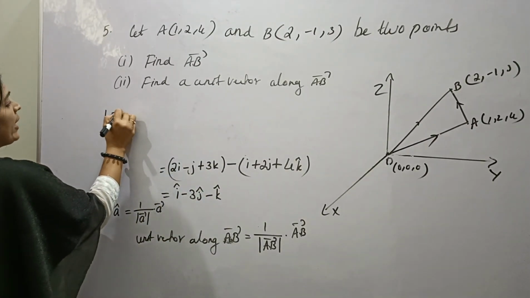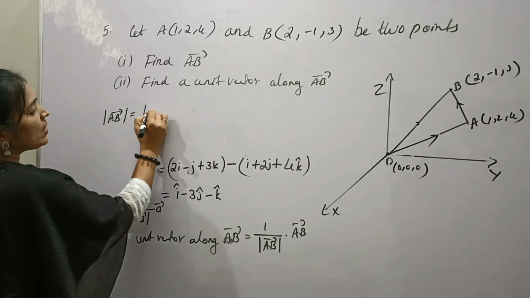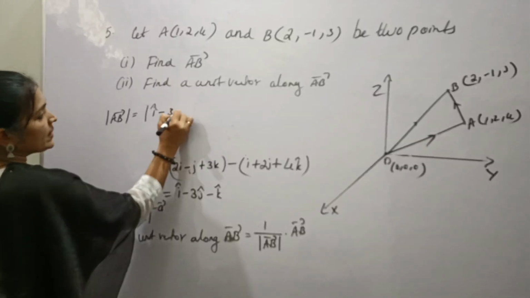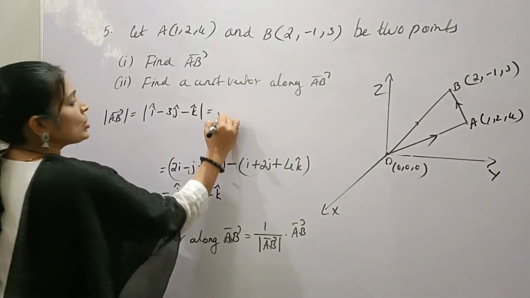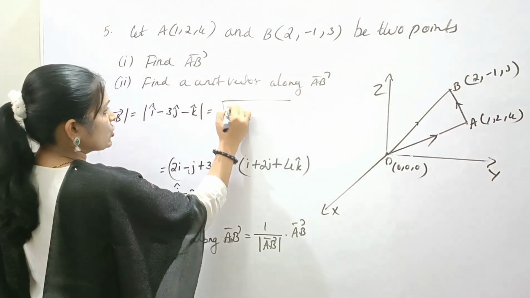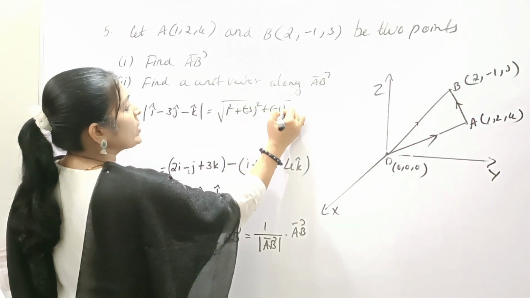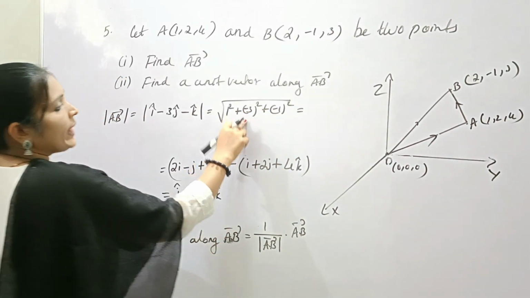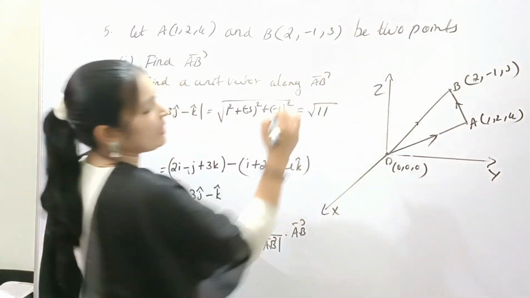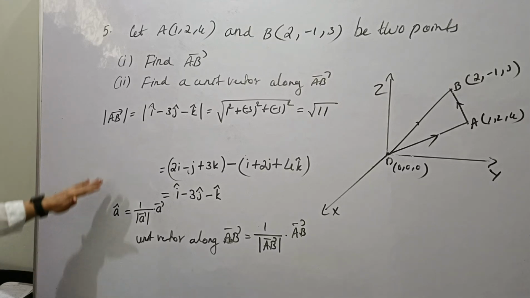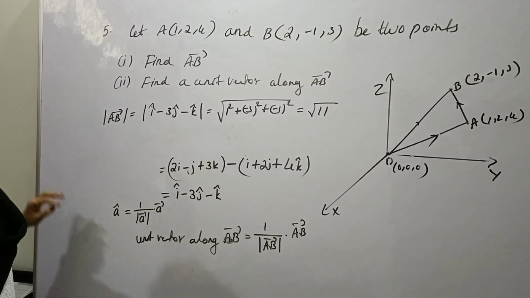Modulus of vector AB is equal to modulus of i minus 3j minus k, that is, the square root of 1 square plus minus 3 square plus minus 1 square. That is equal to 1 plus 9 plus 1, which is 11. Square root of 11. So the magnitude of vector AB is square root of 11.